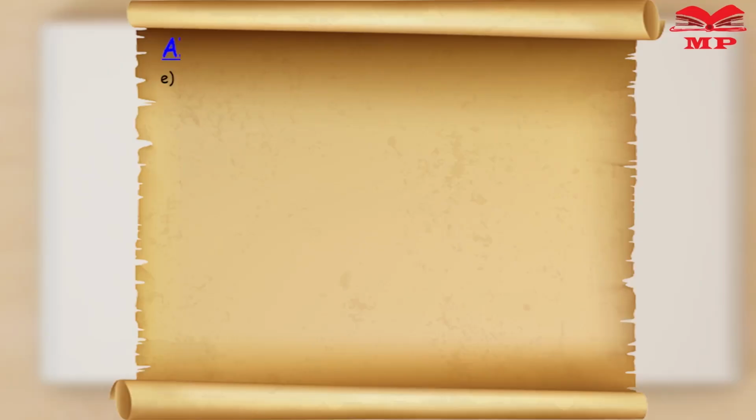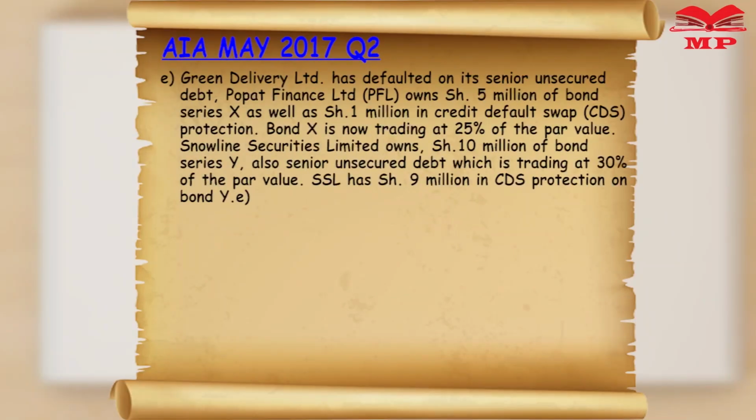Now, having looked at that, we can look at the very final part. Green Delivery Limited has defaulted on its senior unsecured debt. Popat Finance Limited owns 5 million of bond Series X, as well as 4 million of credit default swaps, CDS protection.